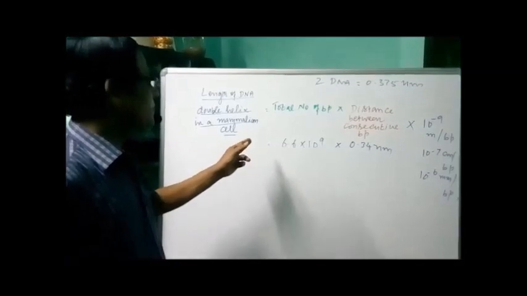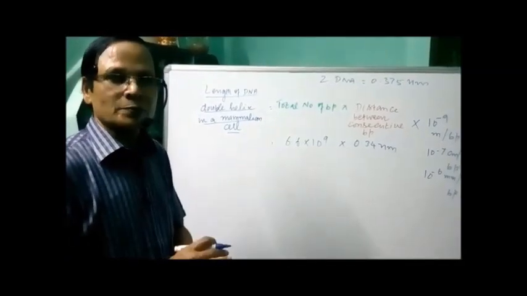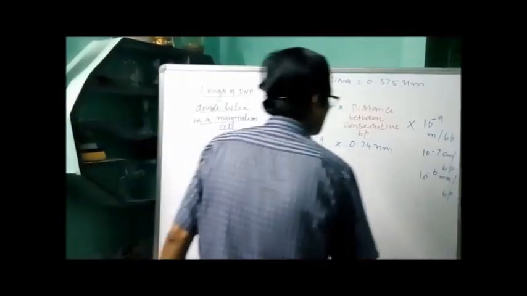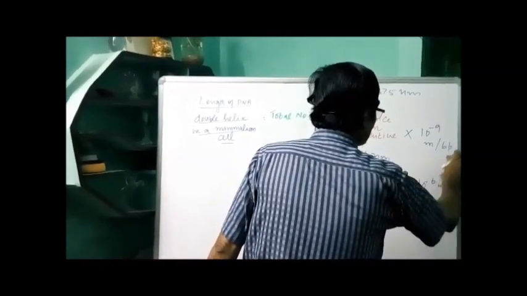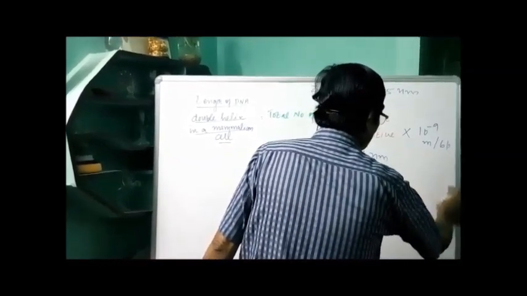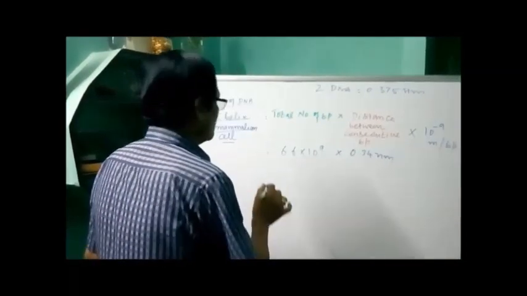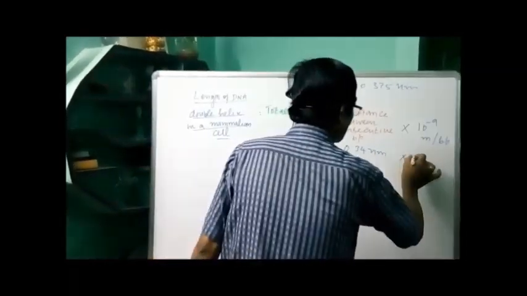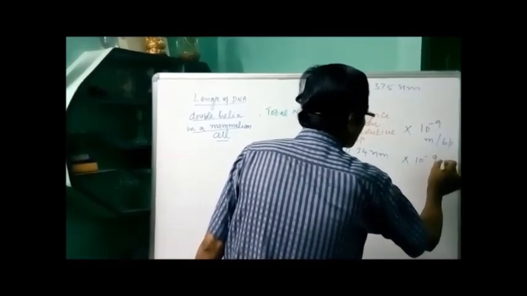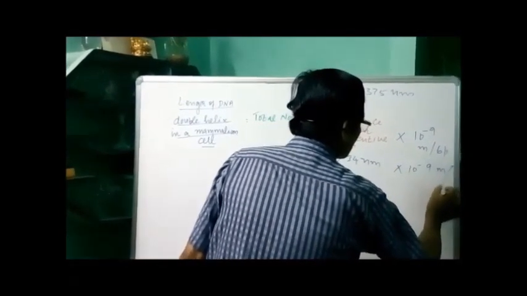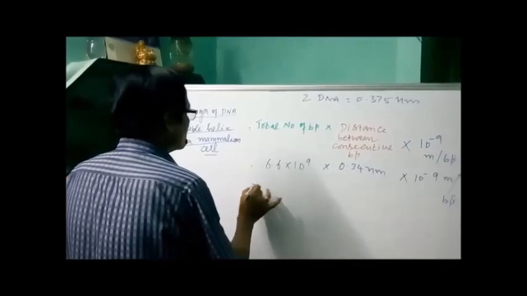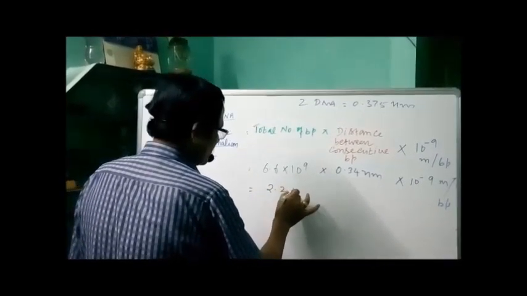Now here I am calculating the length of the DNA in meters. I am taking the value 10^-9 meter per base pair. So it is approximately equal to 2.2 meters.